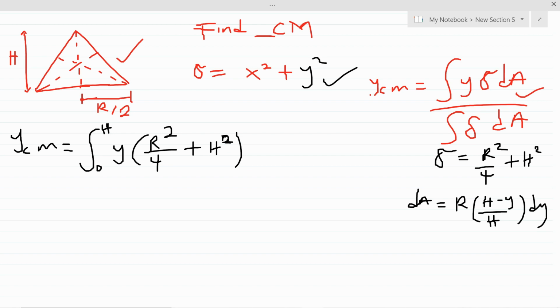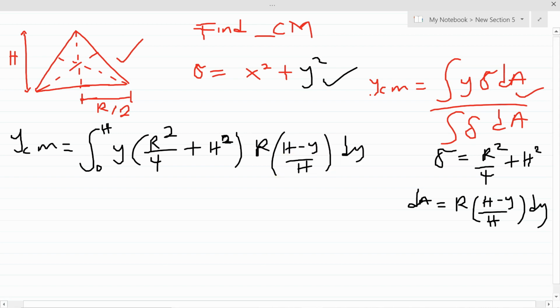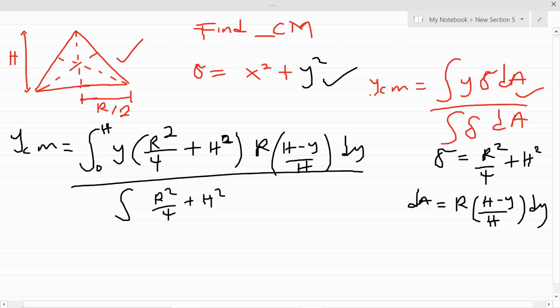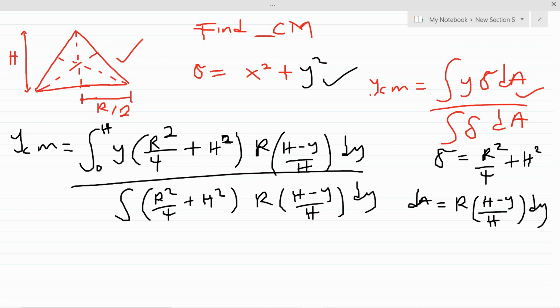Now we have that, then the dA is r into h minus y over h dy. Okay, so all of this over the integral of sigma, which is r squared over 4 plus h squared, okay, times r into h minus y over h dy. I hope you get it.